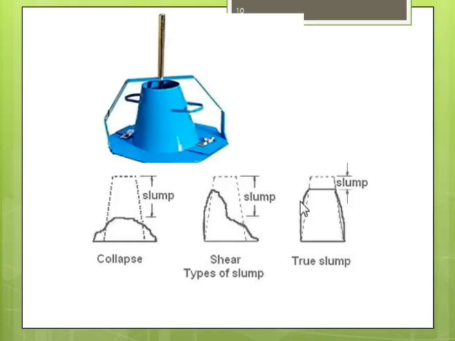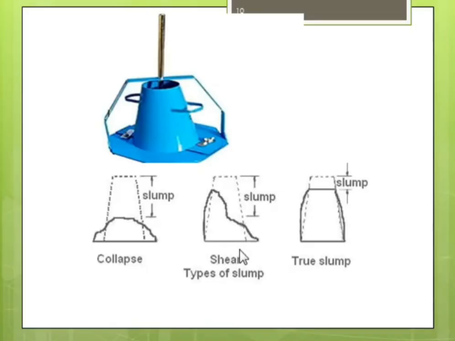This is the tamping rod, and with this tamping rod, we have to fill the concrete into that cone, layer by layer. And after filling to the level of the top surface, we have to slightly remove that mold. And after removing the cone, we have to observe how the concrete collapses. Like in the first case, you can observe that complete collapse is there.